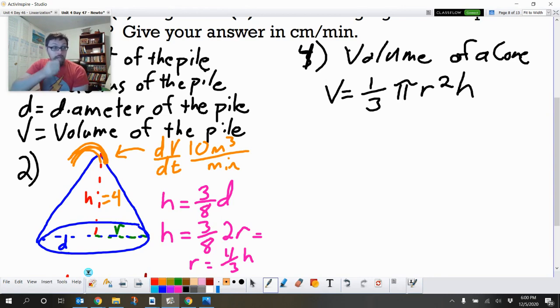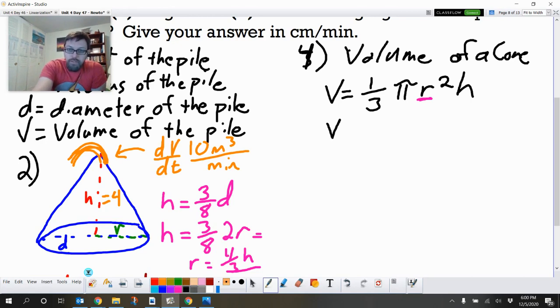Now we can clean this problem up a little bit so that we're not taking the derivative with as many variables. If we implicitly differentiate this right now, we're going to have to do product rule and all kinds of other things, but there are easier ways around that. So let's bring in this idea that r is 4/3 times the height and plug that in right here.